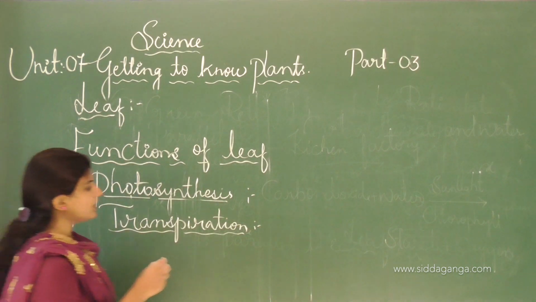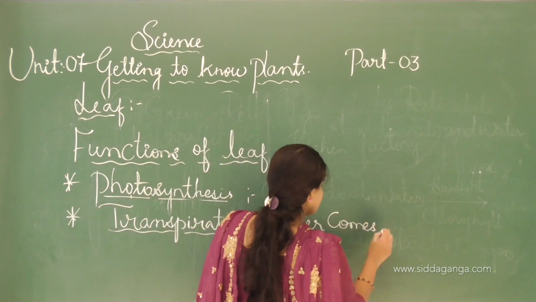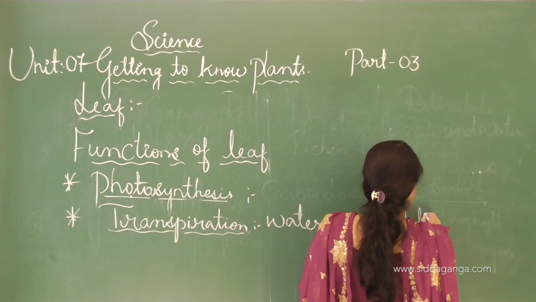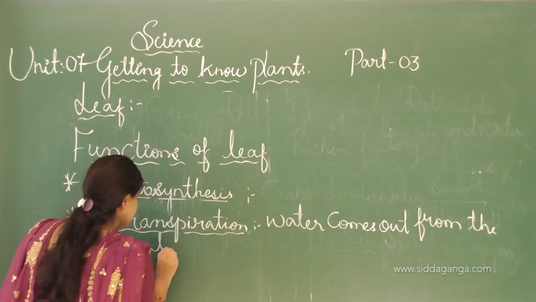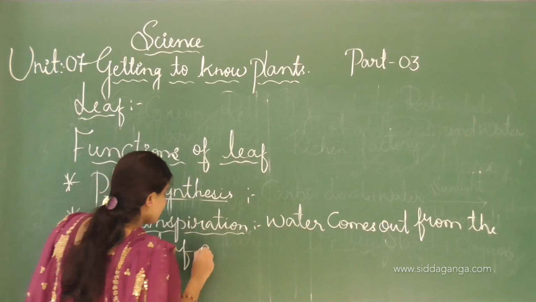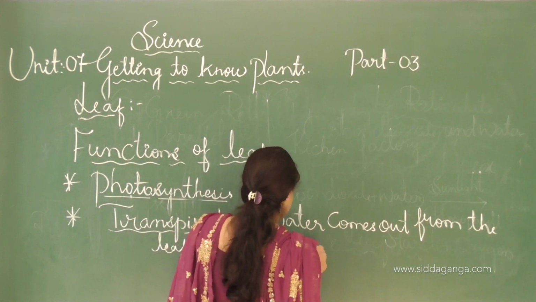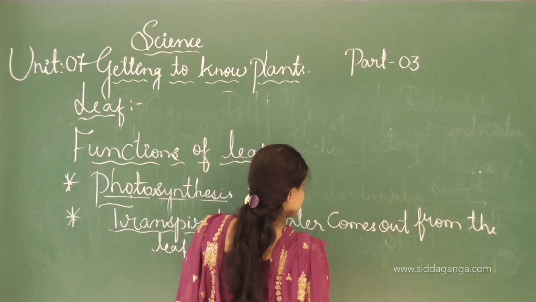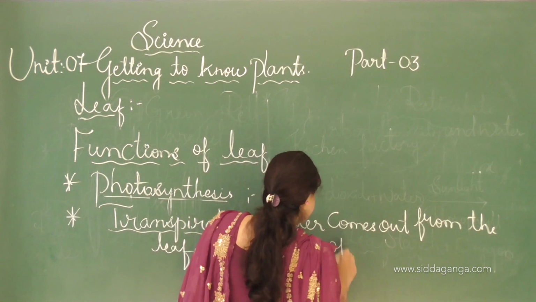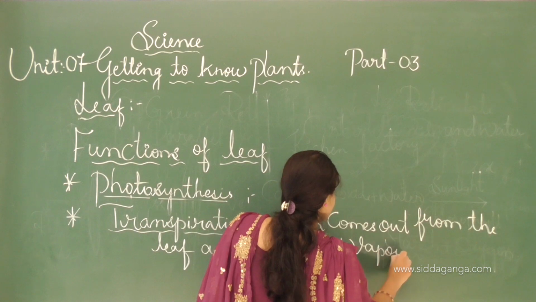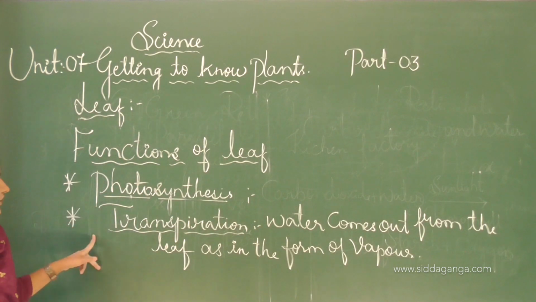See, transpiration is nothing but water comes out from the leaf in the form of vapor is called as transpiration. See, this is the second function of the leaf.